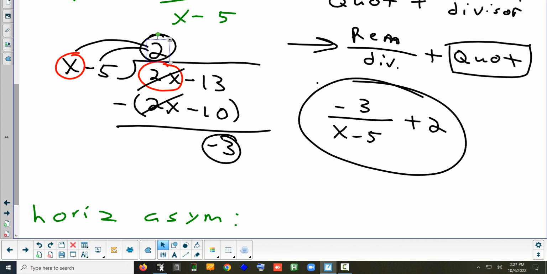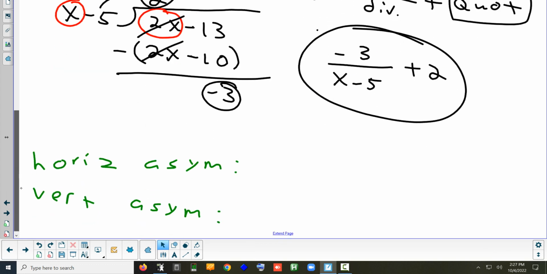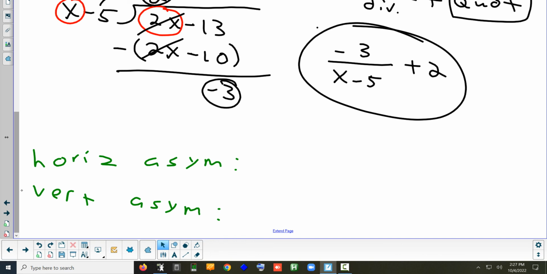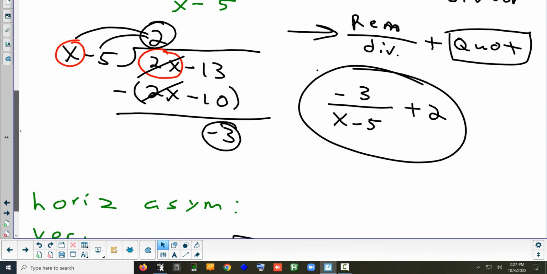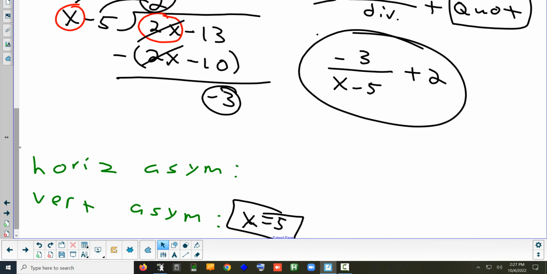So quotient, that was the whole key. So let's start with the vertical. What's the vertical asymptote in this case? What is it? 5. X equals 5. And now, what's my horizontal, which we couldn't really tell at first? Yep. 2.